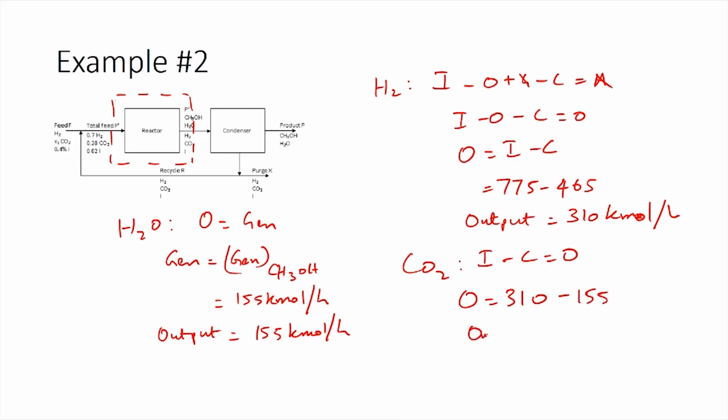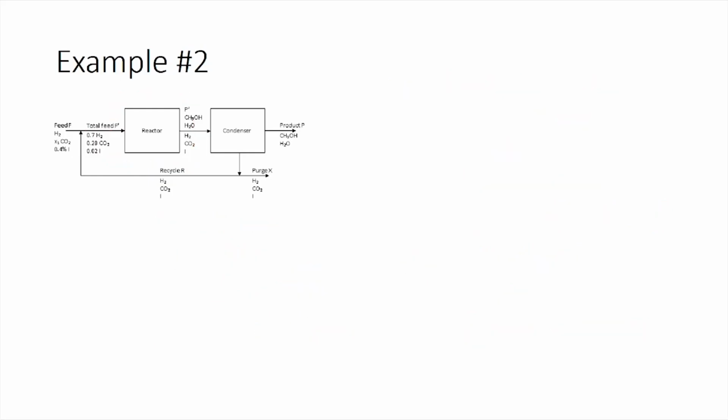So, your output for carbon dioxide would be 155 kilomoles per hour. As inerts are not taking part in the reaction, whatever inert is entering into the system will be leaving. So, your output for inerts would be 22.14 kilomoles per hour.